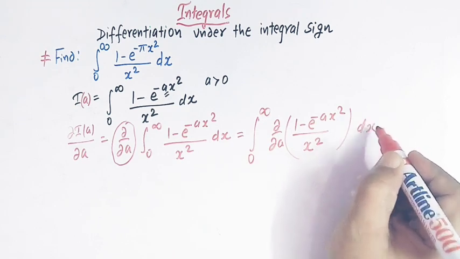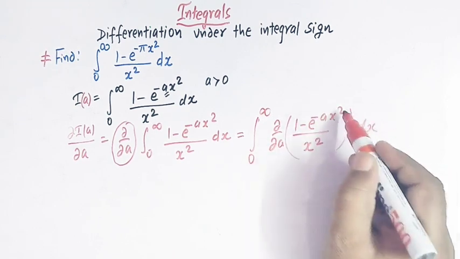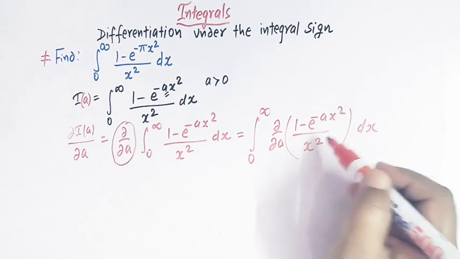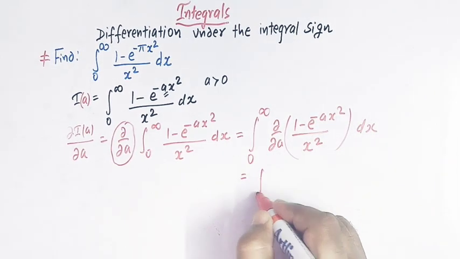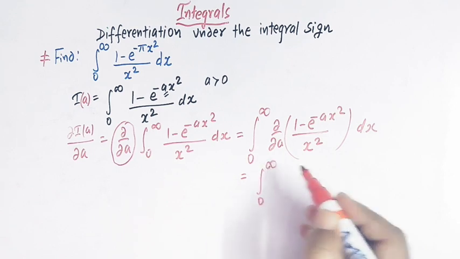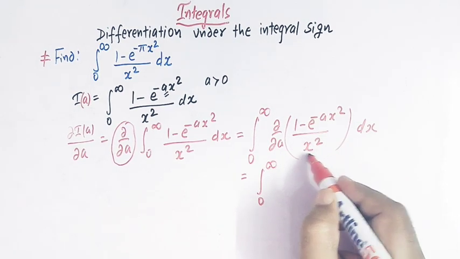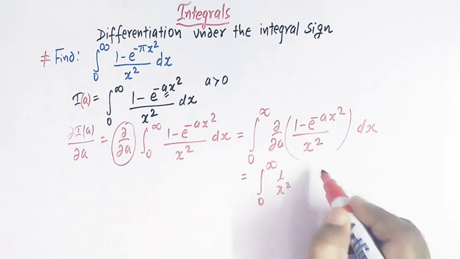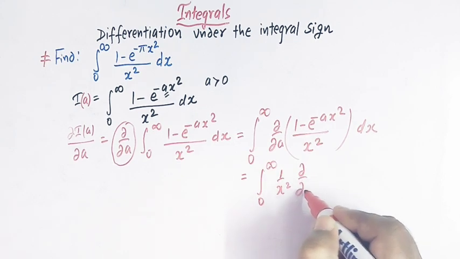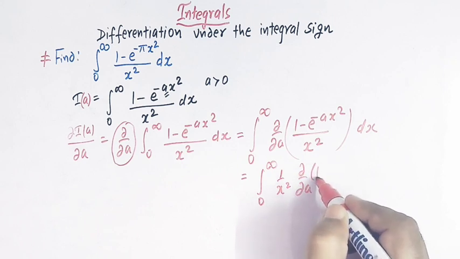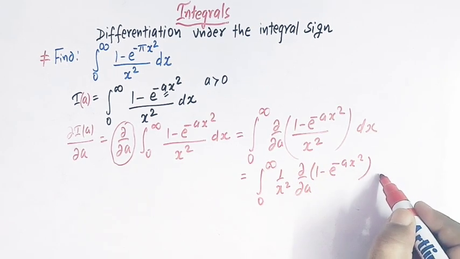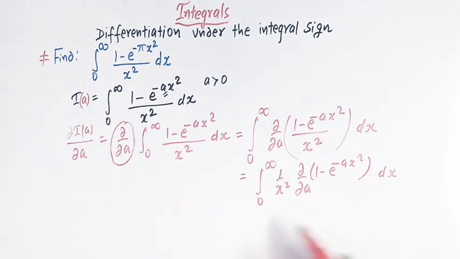Now we have to differentiate this function with respect to a, keeping x as constant. We can take this x square outside this operator, so we have 1 over x square, and now del by del a of 1 minus e raised to minus ax square, dx.